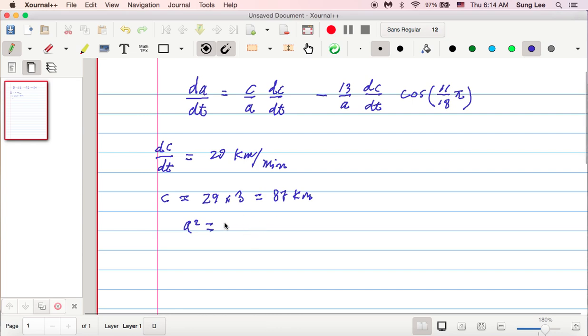A squared equals 13 squared plus C squared minus 2 times 13 times C times cosine 11 over 18 pi.